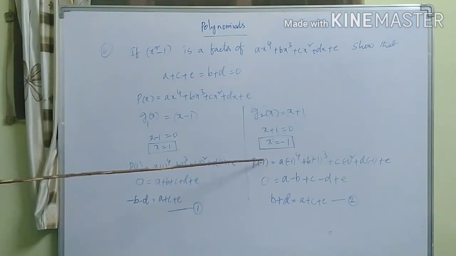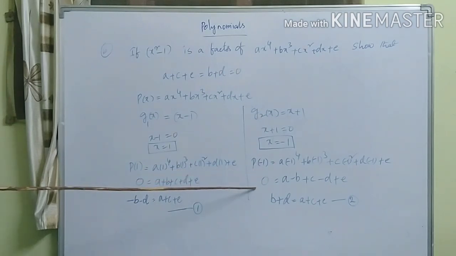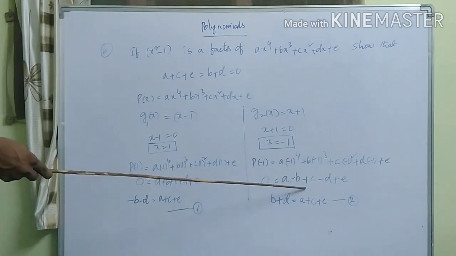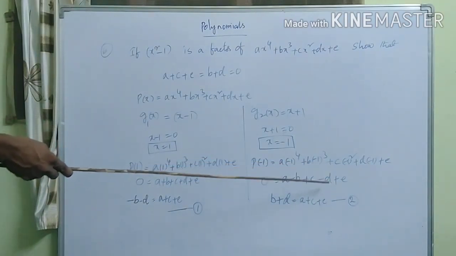So P of minus 1 is a factor, means that is equal to 0, is equal to a minus b plus c minus d plus e.